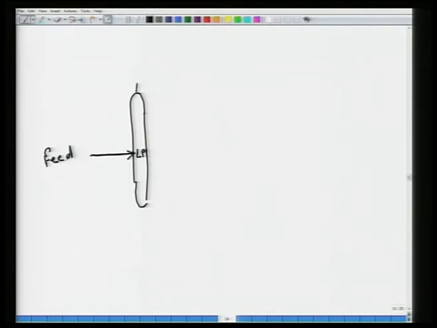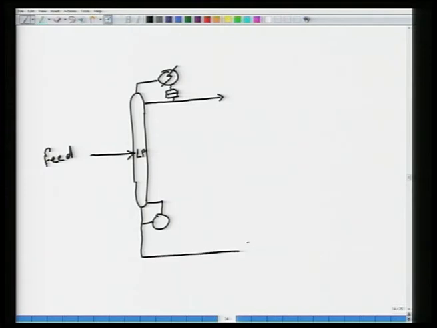The low pressure column has got a condenser as before, part of it is refluxed, part of it is taken out as distillate. The bottoms from this column, which is this guy, is sent to a, let us just say, a high pressure column.